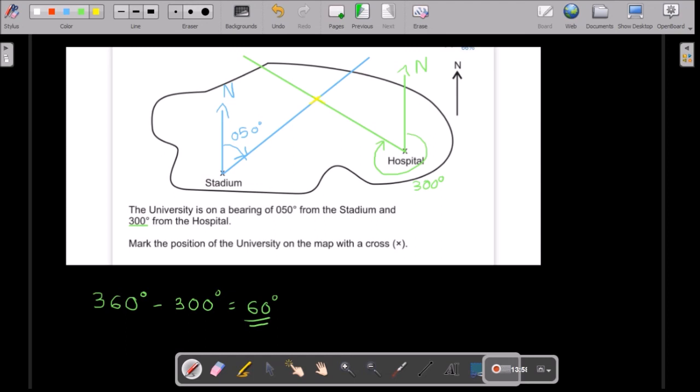Now the point where these two lines meet, I'm gonna mark it with a yellow cross, and that is going to be my university. There we go. That's how I would find where the university is.